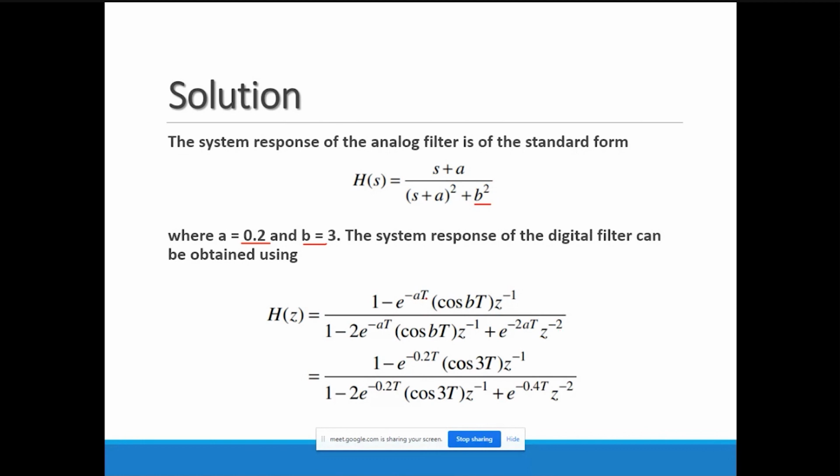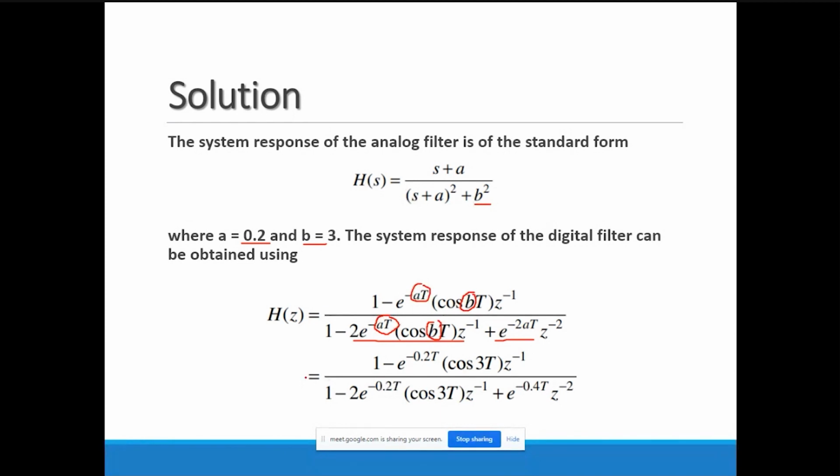Here you have to write all the e terms having the notation a, and whatever the cos terms, they use this b value. This is the first term, with z inverse, e raised to minus aT. Here it is z raised to minus 2, so you have to write e raised to minus 2aT.